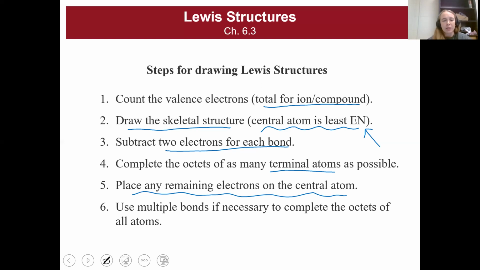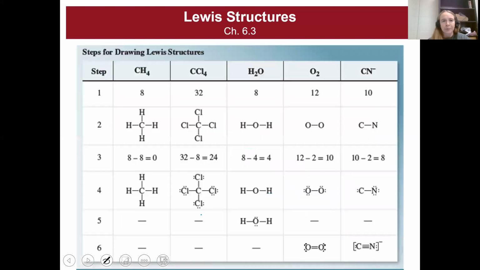If we still need to complete the octet of the central atom, we can use multiple bonds, so double bonds or triple bonds. We move one of the lone pairs from one of the terminal atoms and form it into a bond instead.